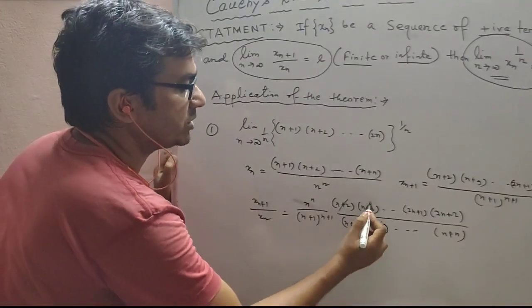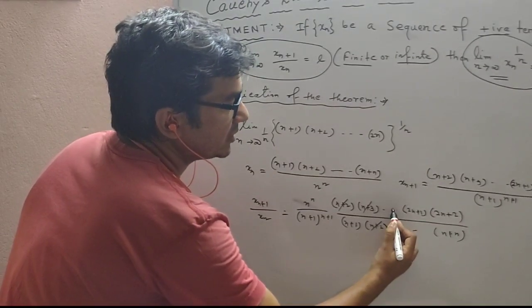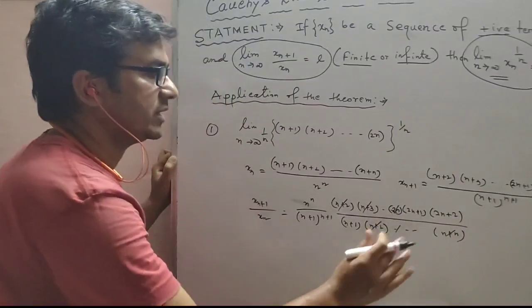Here n plus 2, n plus 3, and this way up to 2n cancel.